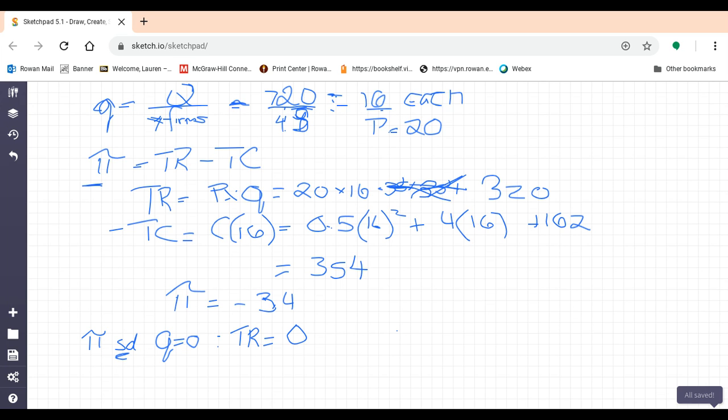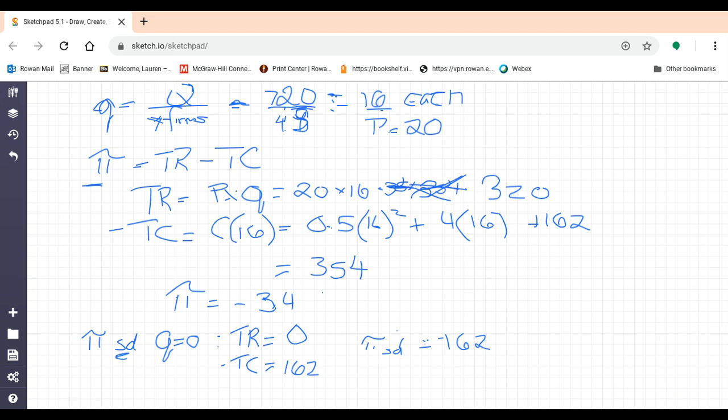Price times 0 is 0. And total cost, well, the variable cost all goes out because the quantity is just 0, and we're left with 162. And so the shutdown profit is negative 162.